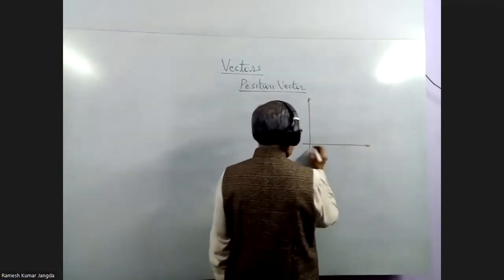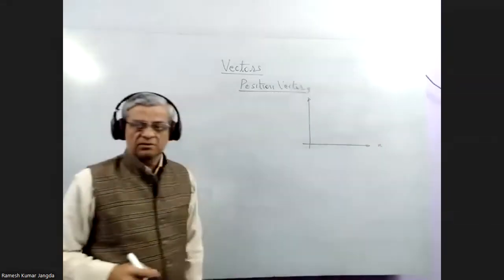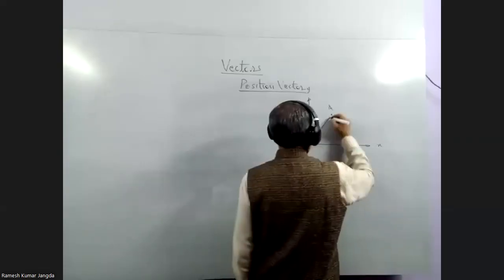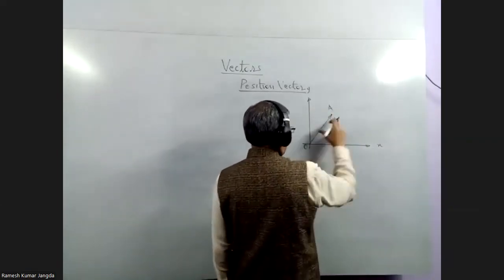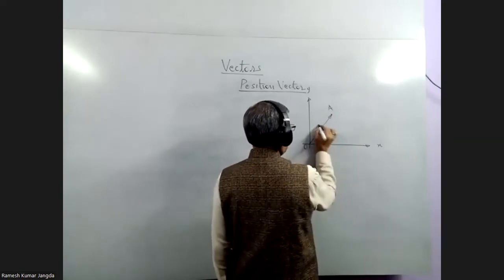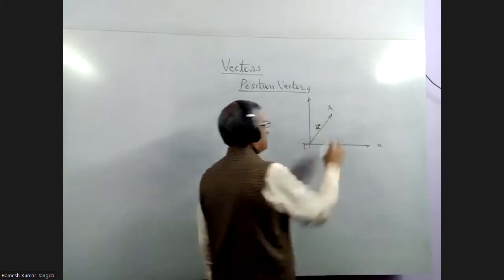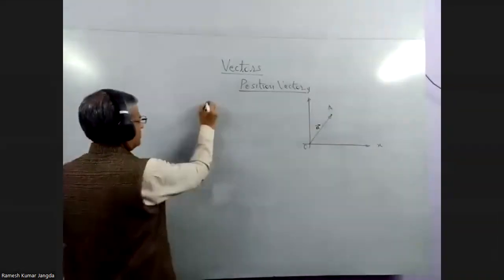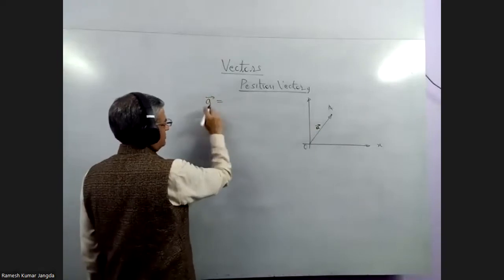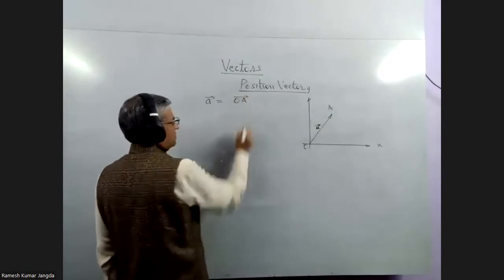In my normal graph, I call this the x-axis and this the y-axis. This is the point A. I join OA, where O is the origin. Then this particular vector, which I am naming A, is the position vector of A. So I have a vector A, the position vector of OA, which is equal to this vector OA.